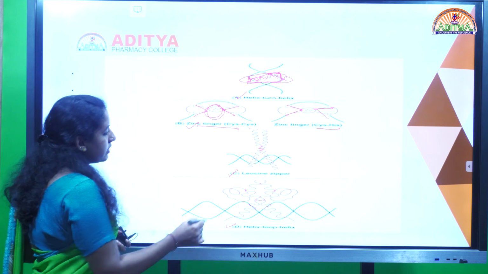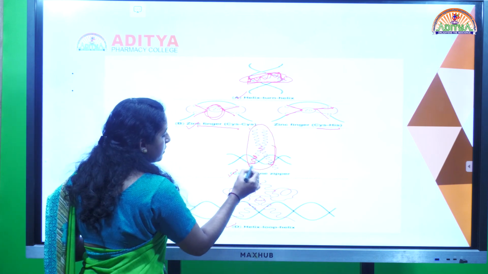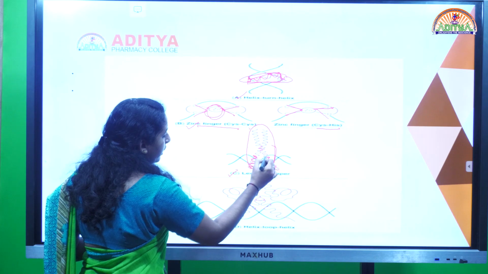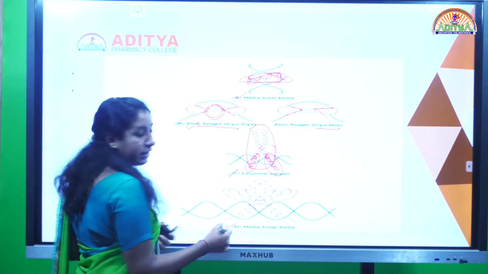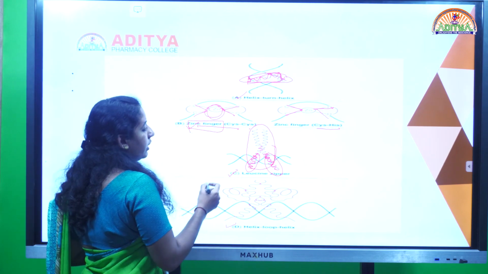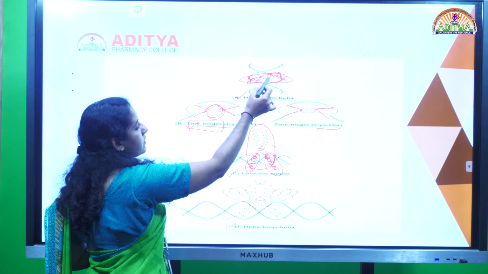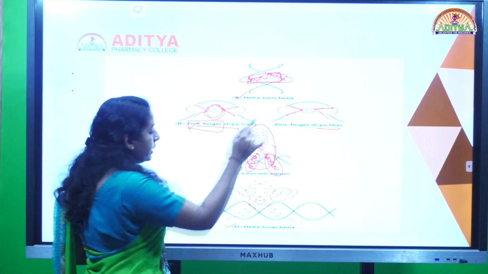And next one is, as I said, the leucine zipper motif. If you observe, this leucine zipper will bind with the specific part of the DNA, and here the dominant element will be leucine, here the dominant element will be zinc, and here various amino acids will bind in a helical structure to the DNA.